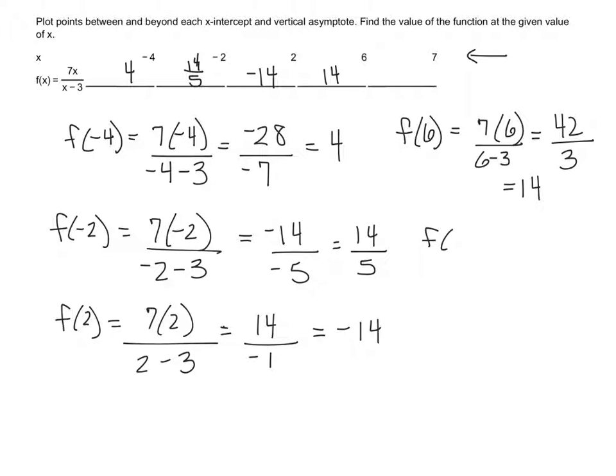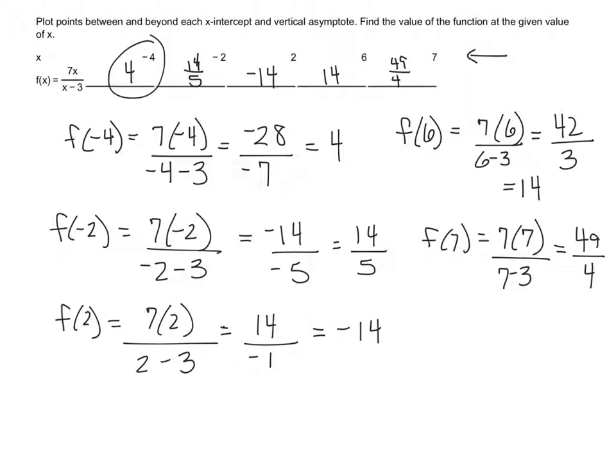Lastly, we'll find f of 7, and this gives us 49 divided by 4, and that's as simplified as it can go. So f of 7 is 49/4. And these give us ordered pairs. So we have an ordered pair of (-4, 4), (-2, 14/5), (2, -14), (6, 14), and then (7, 49/4). And we can plot all of those ordered pairs on our graph.